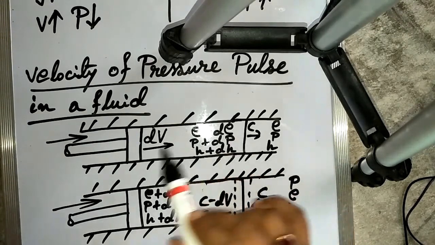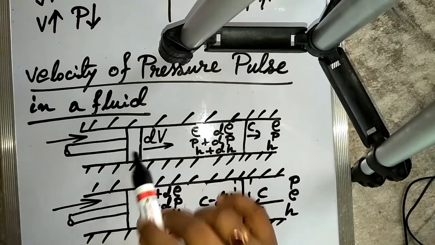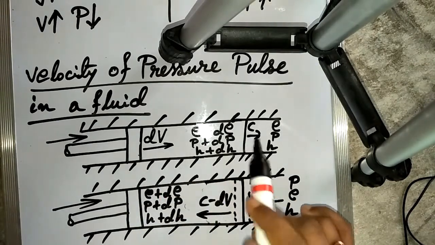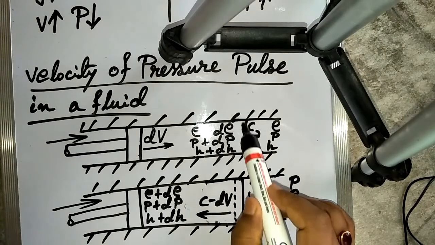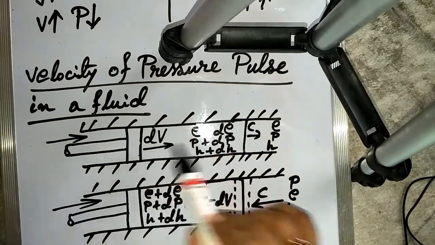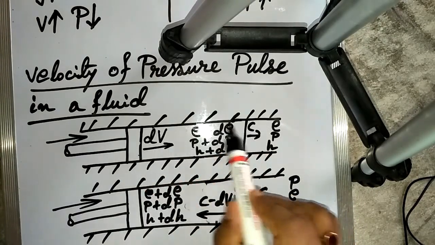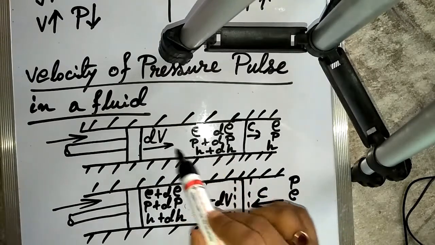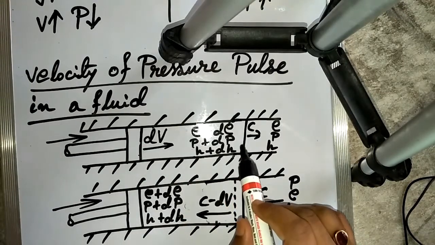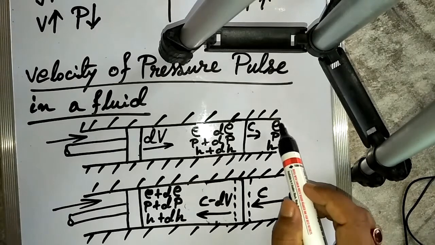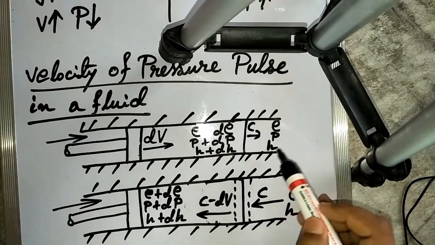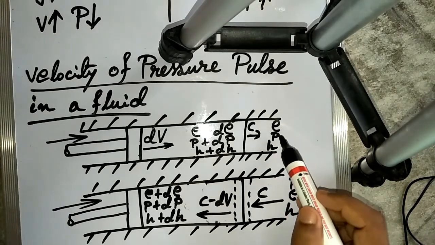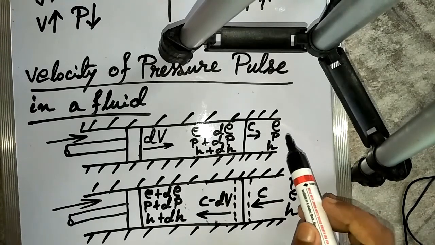As the piston compresses the fluid, and this is the pressure wave, between the piston and the pressure wave front there is a slight change in the properties. Beyond this wave front the properties are not changed. That means density, pressure, and enthalpy are not changed.